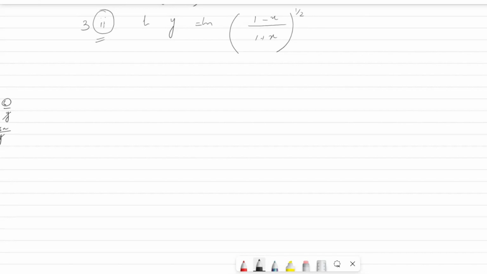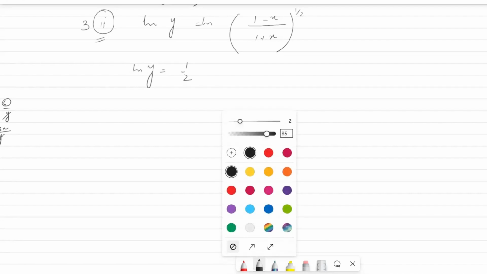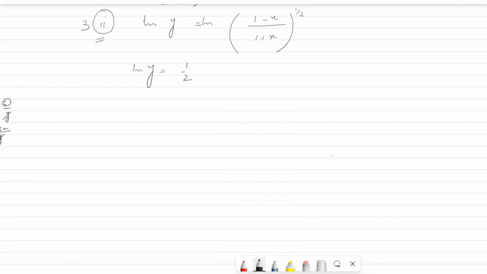Taking ln on both sides of the equation, it would be ln y is equal to 1 upon 2 ln (1 minus x) by (1 plus x).